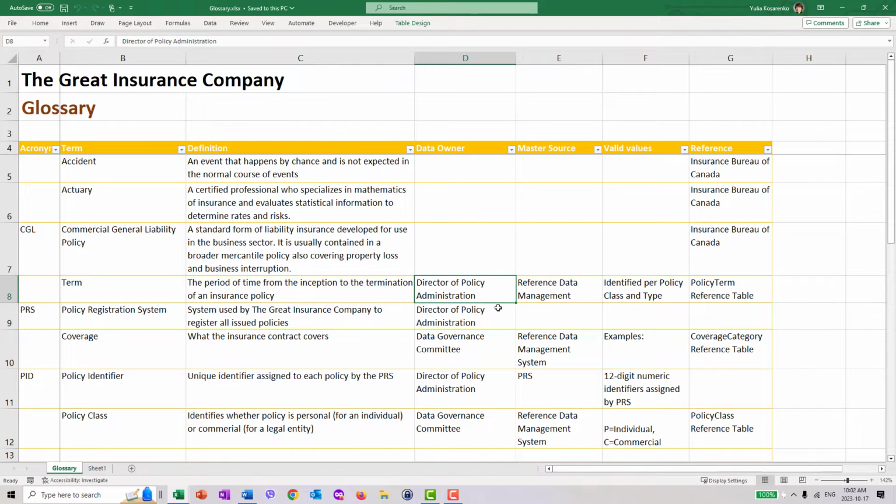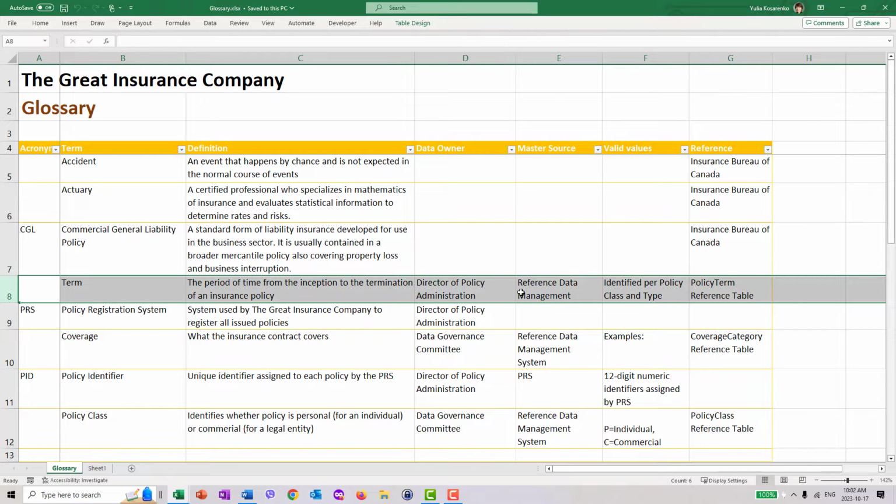So this person that I made up, Director of Policy Administration, I'm assuming that this is someone in the business that is responsible for terminology and for explaining various terms related to the administration of the policies of the Great Insurance Company.